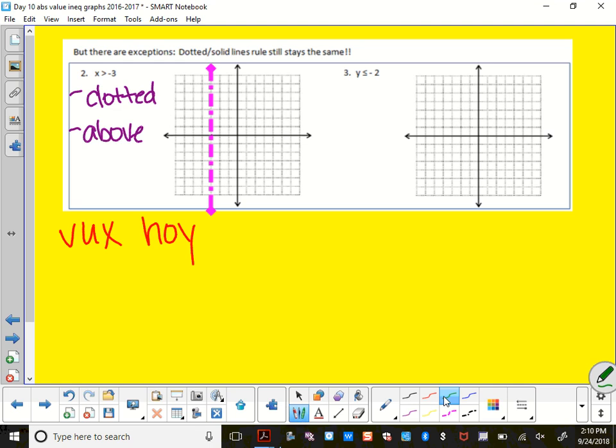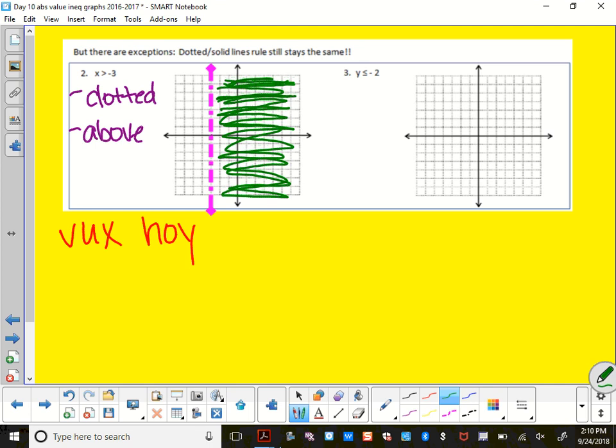It is dotted. I just used a different line. Because my arrow is pointing that way, it's telling me where to go. The above for vertical is all of this. So this tells me that everything in that green is greater than -3 on the x-axis.